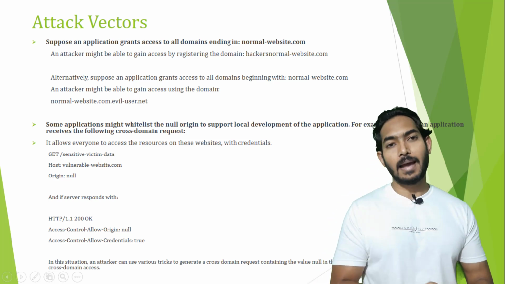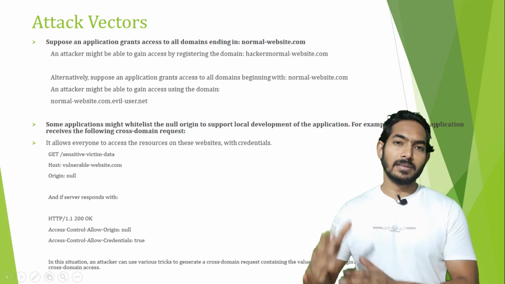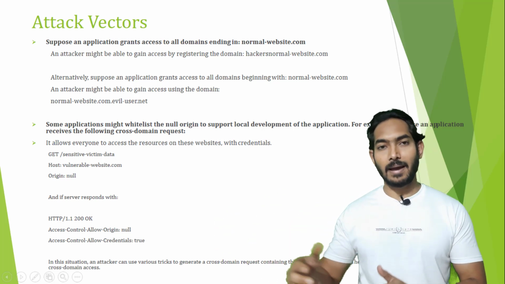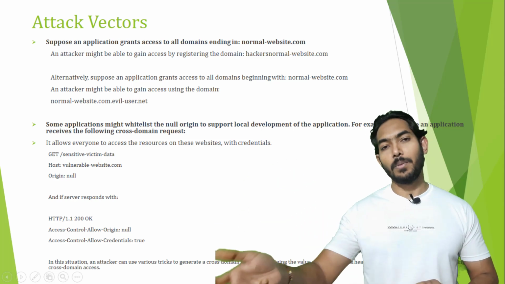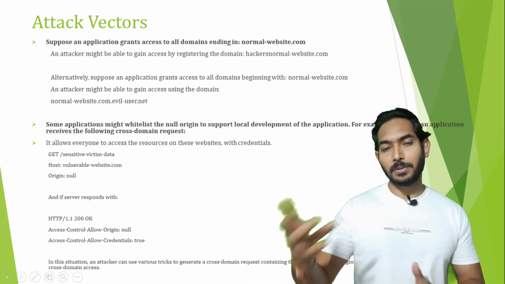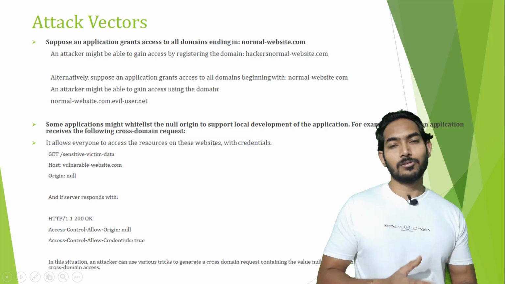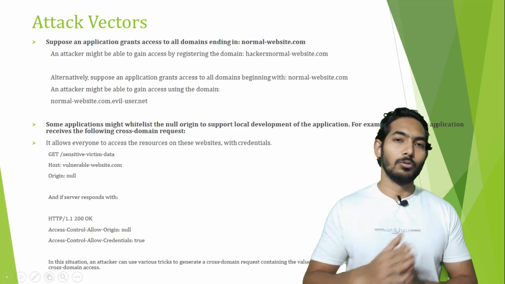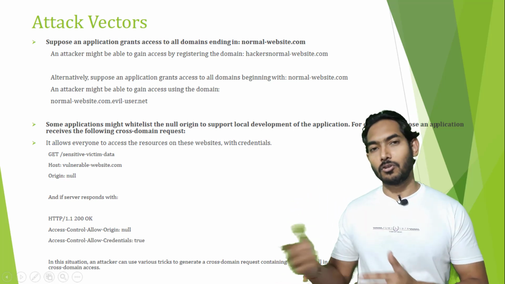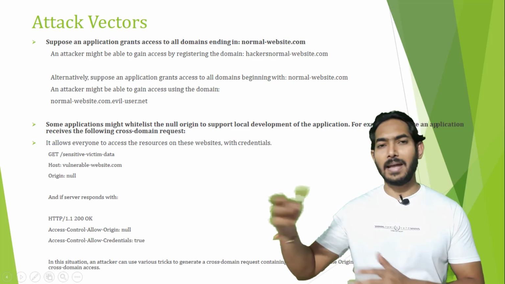The same way, developers sometimes give access to a website and allow all other domains that come after this particular site. Let's say a developer is giving access to all domains beginning with google.com. So google.com, and after that it could be anything, right?